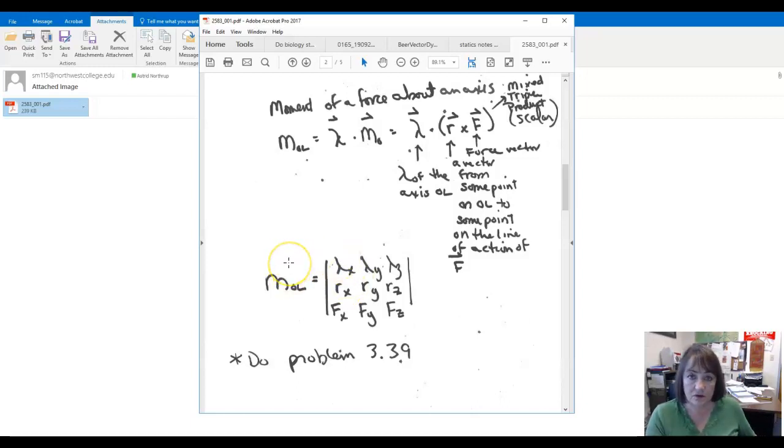So you would find the vector OL, then you would find the magnitude of the vector OL, then you would divide the vector by the magnitude, and you could think of it as being the directional cosines, or excuse me, the components of the unit vector in the ijk directions. Then, going back to this equation, lambda components on the top row, r components on the second row, F components on the third row, then we evaluate that determinant to find the vector projected on the axis.